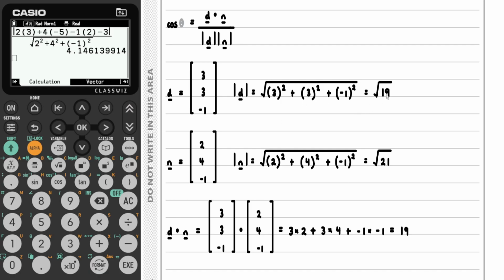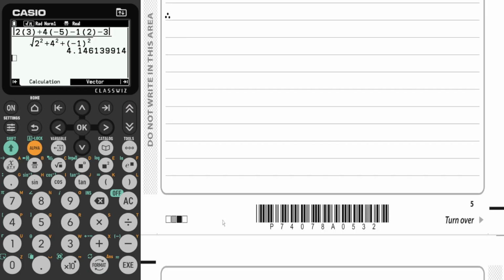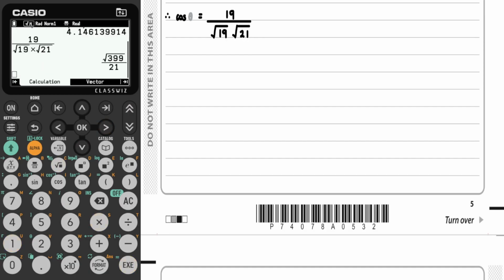And if we substitute all these back into this formula, we can find out what cos theta is. So for cos theta we would have 19 over square root 19 times square root 21.